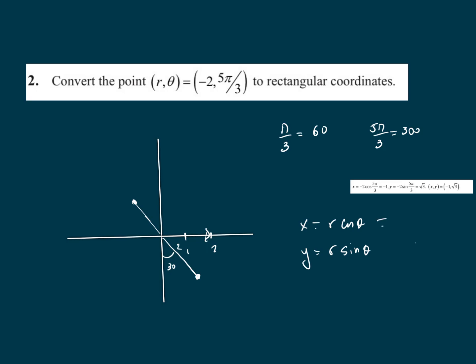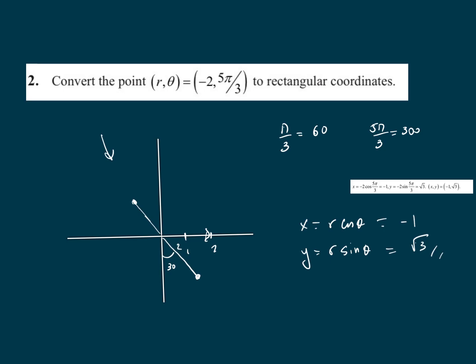So if you plug in numbers, you will find the x equal -1 and the y equal square root of 3. So the point is x is -1 and y is square root of 3, so it should be a point in this quadrant.